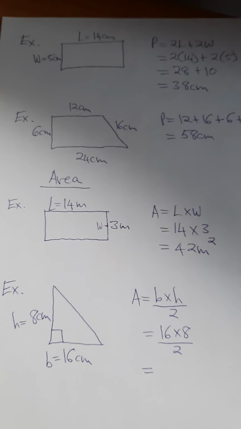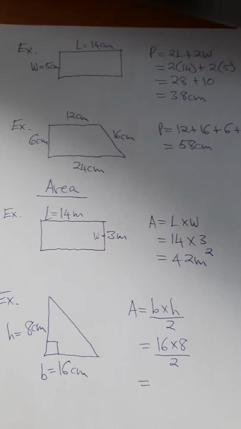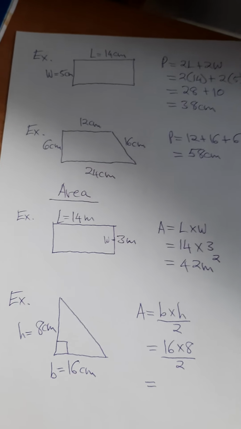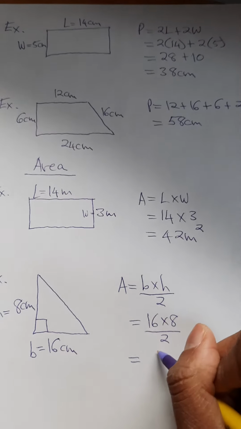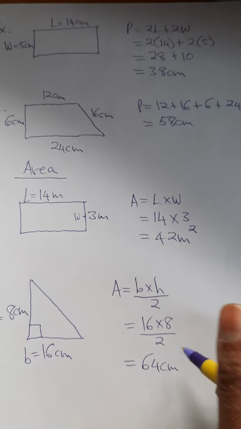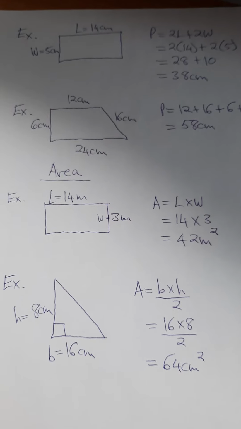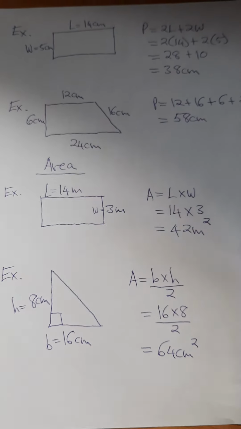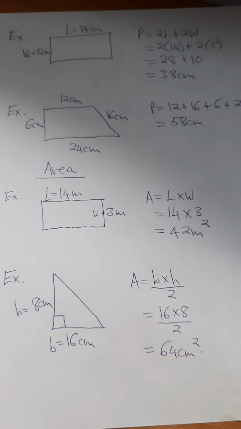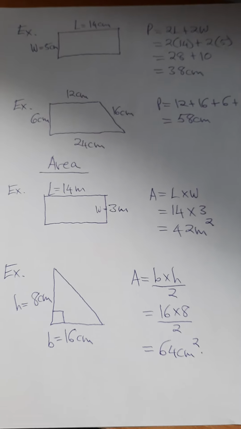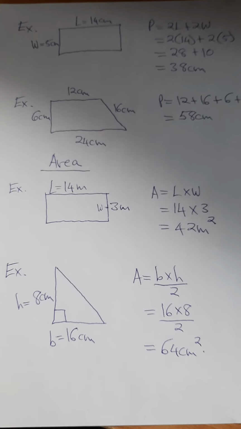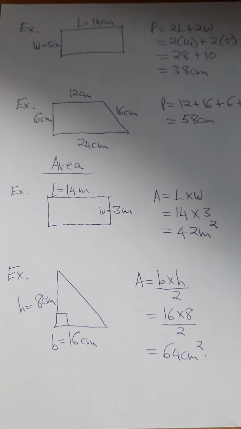Does everyone see that? Okay, and you times it by 8. And when you divide it by 2, this gives you 64 centimeters squared, okay? So again, don't forget to put the squared down, okay, when it is the area. Okay, and that's because you're multiplying two of the dimensions together here. All right? Okay, so that looks good.